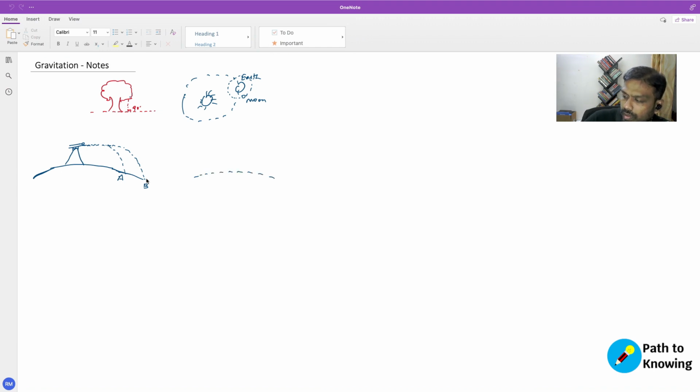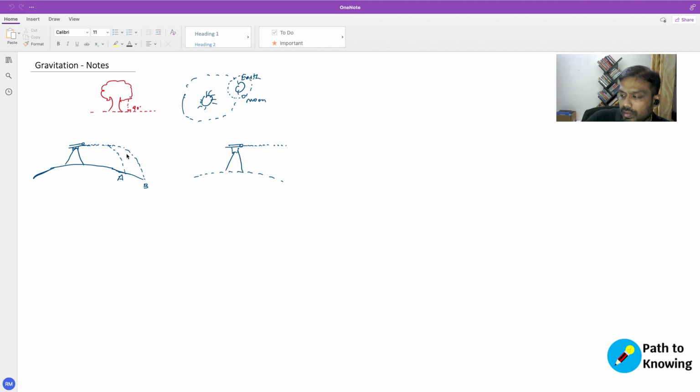So if you really think about it, now I'm going to draw the hill out here, and let's say this is the cannon, and it fires. It's going to take a fairly long time because you're firing it with a very high velocity. The ball is going to take a very long time to start bending and falling towards the Earth.